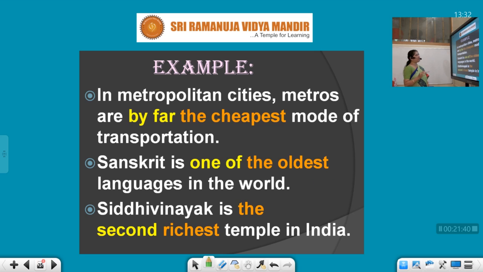In metropolitan cities, metros are by far the cheapest mode of transport. By far means mostly cheapest. Maybe there are some other transportations which are as cheap as metros. Maybe. So here actually you wanted to show it is superlative. So superlatives will not have any little comparisons.